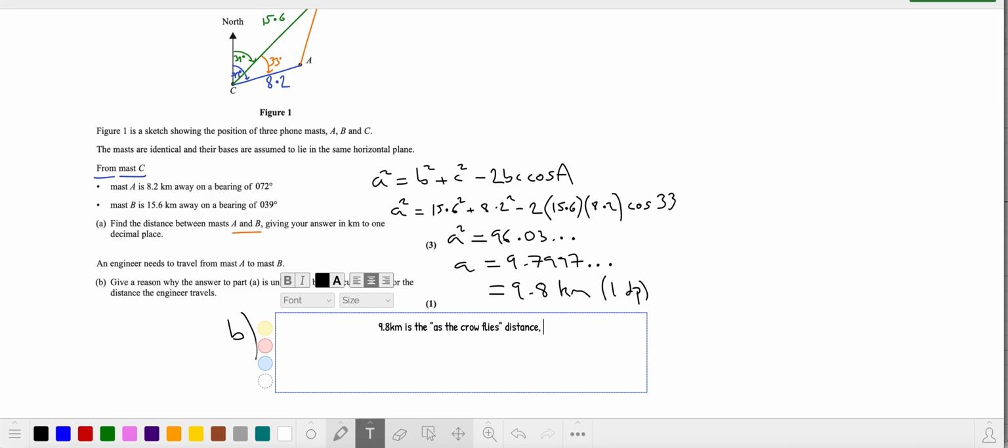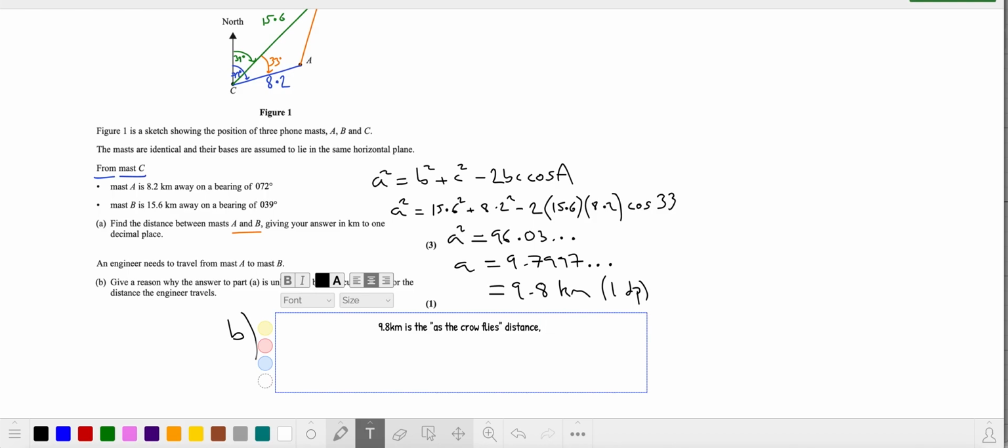We very likely cannot do that because there's probably something in the way, like a tree that we're going to have to go around, or a road or a river or something. Even if the ground is changing gradient, that's going to alter slightly the distance that we're traveling.